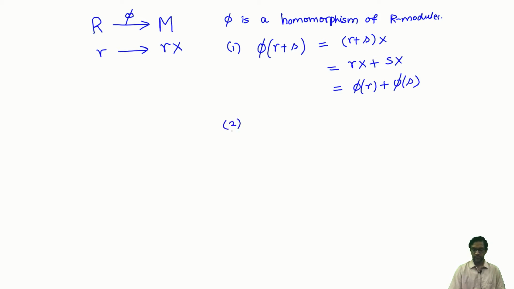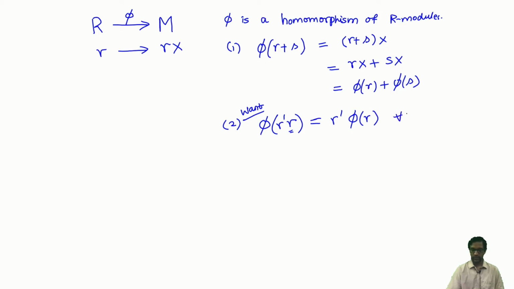So that's one. Now I take an element r of the ring, and suppose I multiply it on the left by r dash. This is the second property of being a module homomorphism: if I hit a module element on the left by r dash, I should be able to pull it out.